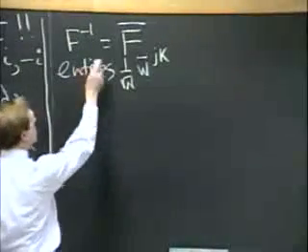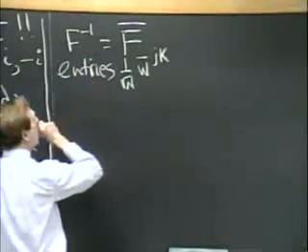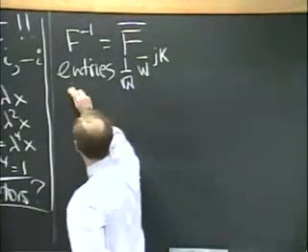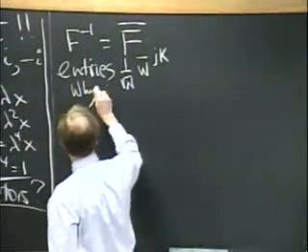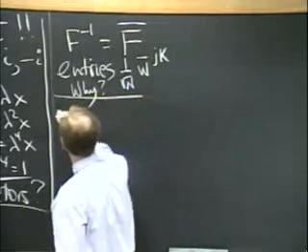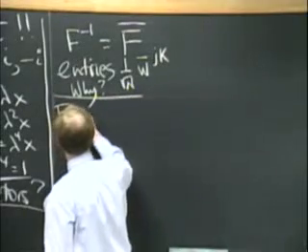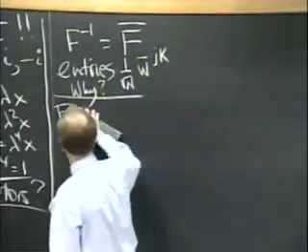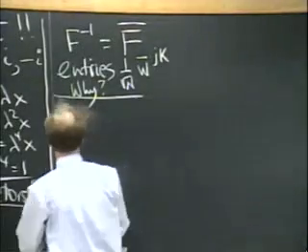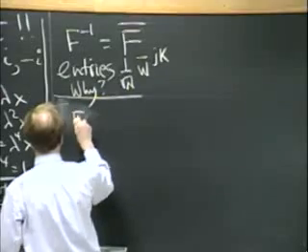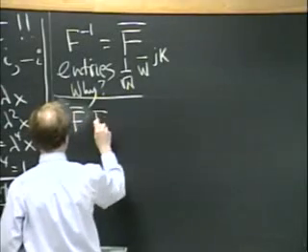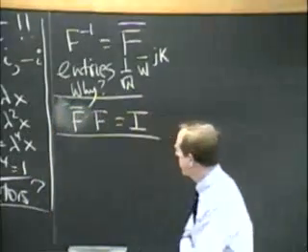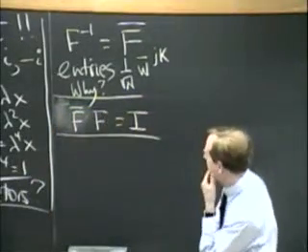Okay, all right, now why? I'm claiming that f bar times f gives me the identity. It's just as simple as that.